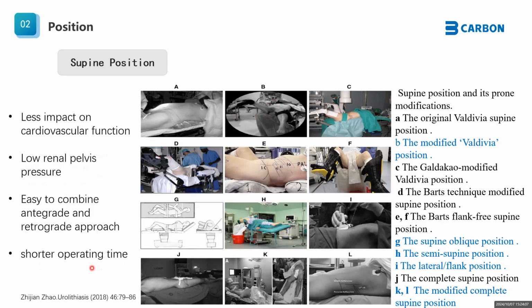And the operating time is shorter, because with this supine position, they do not need to turn over the patient after the intubation and the catheterization. Okay, so in clinic we can see positions like this one, the modified Valdivia position, and then this position. I have seen this kind of position in China.